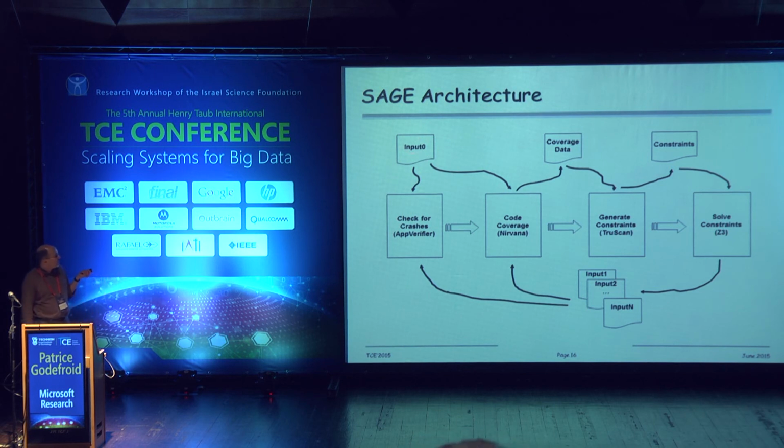For each input, we run the program, and we use a runtime checker, like AppVerifier, Purify, Valgrind, etc., which is going to basically map memory corruption to crashes so we can detect them. If there's no crash, then we're also going to collect coverage information. Here it's instruction coverage. So we compute all the unique instructions covered during that execution, and we store it.